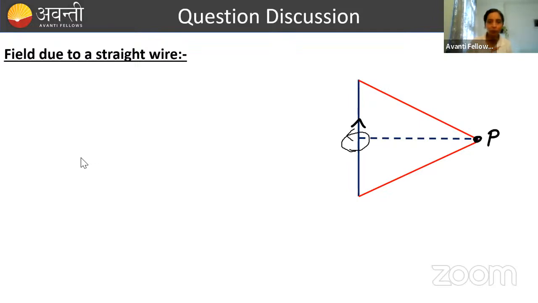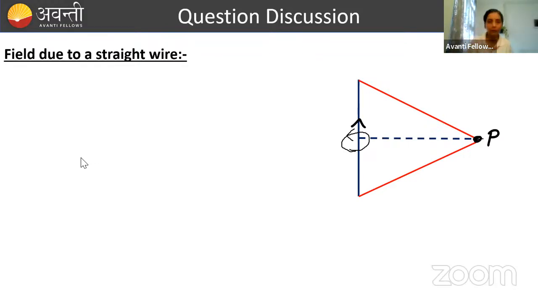And if we have to calculate magnetic field at a certain point P, जैसे यहाँ पे, the shape of magnetic field will be circular. But if you have to talk about the direction of magnetic field at point P, what will it be? So simple है, thumb को current के direction में put करो and see your 4 fingers. So here the 4 fingers are going in, and on this side they are coming out.